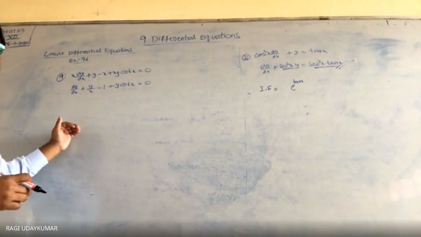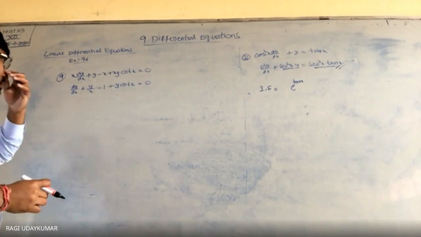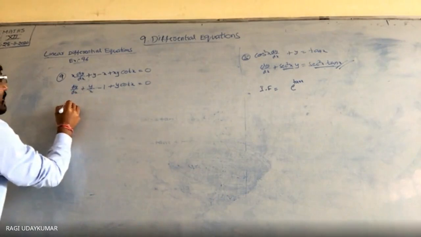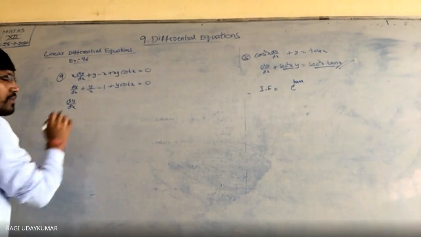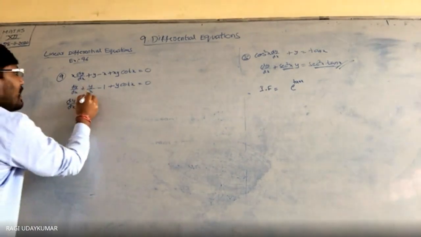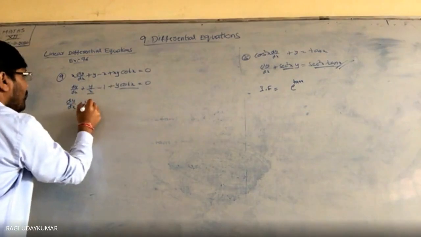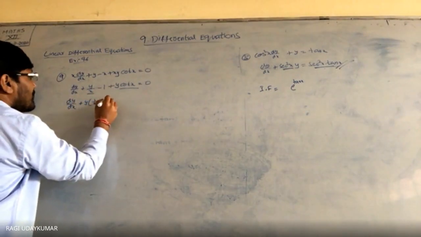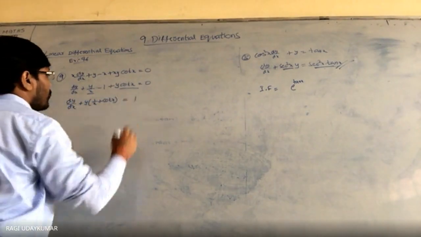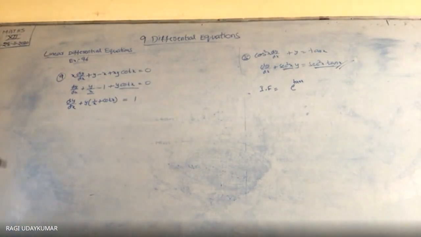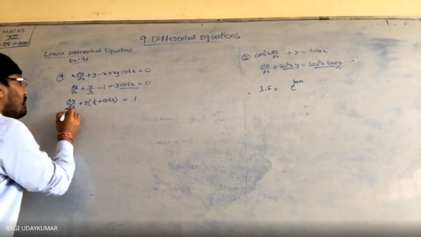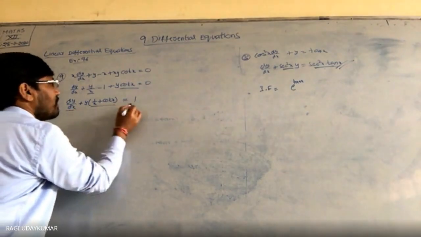So whenever it is given to you, dy by dx, ये दोनों में से y common है. What you get is 1 by x plus cot x is equals to 1. Right side 1 देखो, isn't it? Now you see here dy by dx plus p of x into y is equals to q of x.